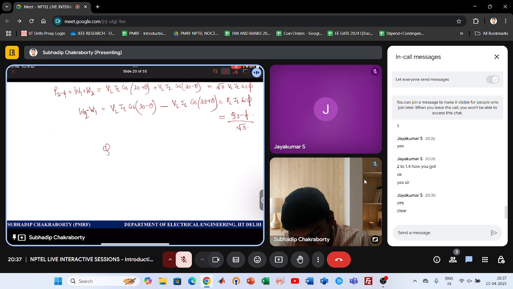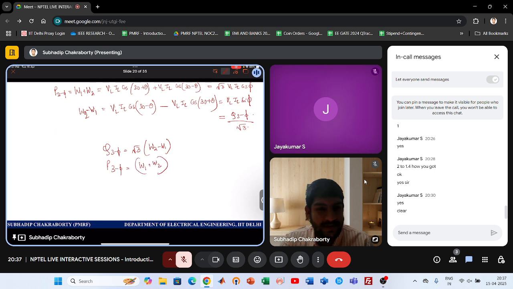So if you want to find the Q three-phase, it will be nothing but root 3 times W2 minus W1, and active power will be W1 plus W2 in this configuration.